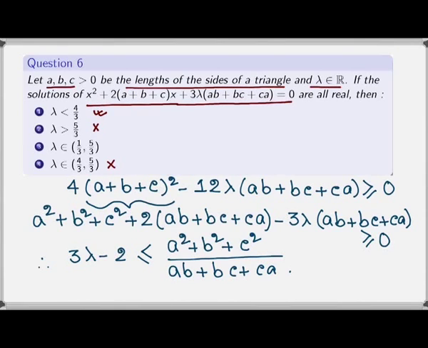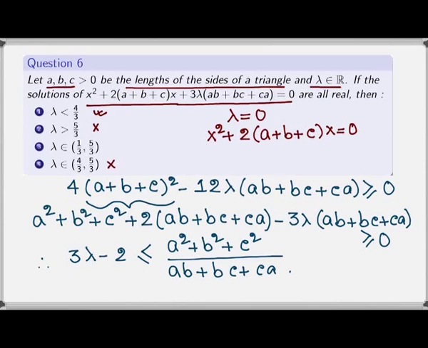To check that, let us put λ = 0 in the given quadratic equation, and putting this we obtain x² + 2(a + b + c)x = 0, and clearly we can see that this quadratic equation is having all real solutions, as a, b, c are real numbers.